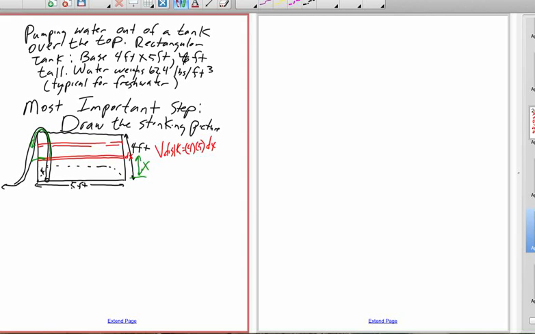In other words, it's going to be lifted up before it comes out of the tank. And so the distance my disc travels is going to be 4 minus x, because it's 4 minus whatever my height is right here.